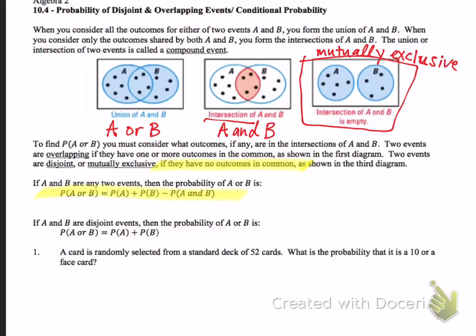What that's saying is, if you have an event A or B that happen, so what is the probability of, in a deck of cards, drawing a 2 or drawing a club, then I would take the probability of drawing a 2, which would be my A. I would take the probability of drawing a club, which would be probability B, and then I subtract the 2 of clubs because I'm counting it twice. So that kind of makes sense. So you're subtracting away the intersection. But you'll have this formula.